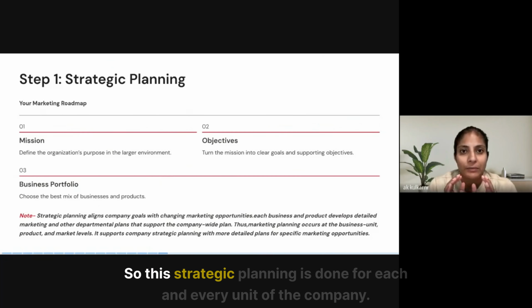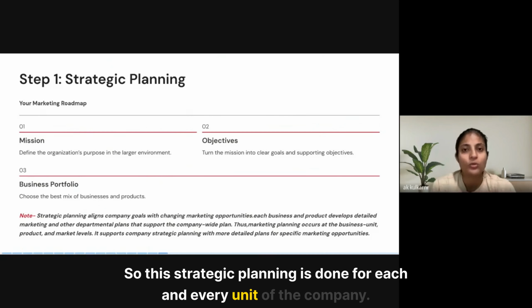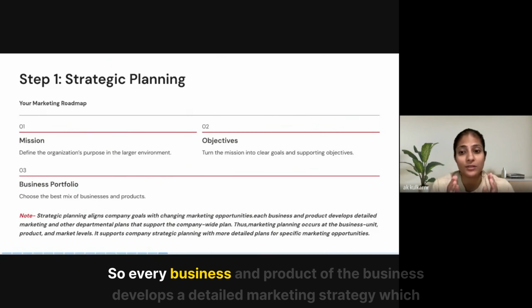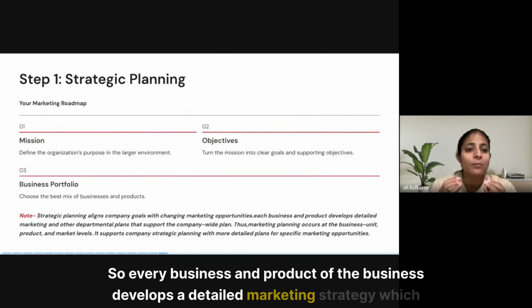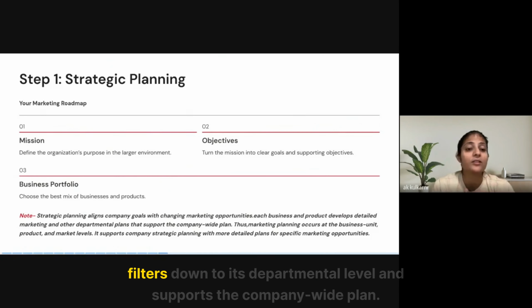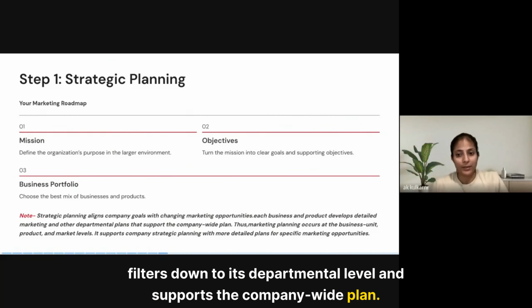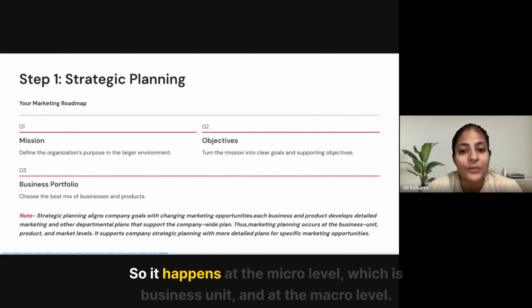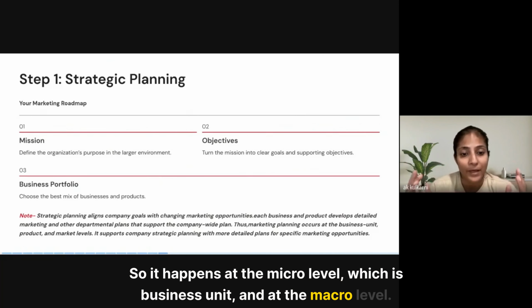Correct? So this strategic planning is done for each and every unit of the company. Every business and product of the business develops a detailed marketing strategy which filters down to its departmental level and supports the company wide plan. Correct? So it happens at the micro level, which is business unit, and at the macro level.